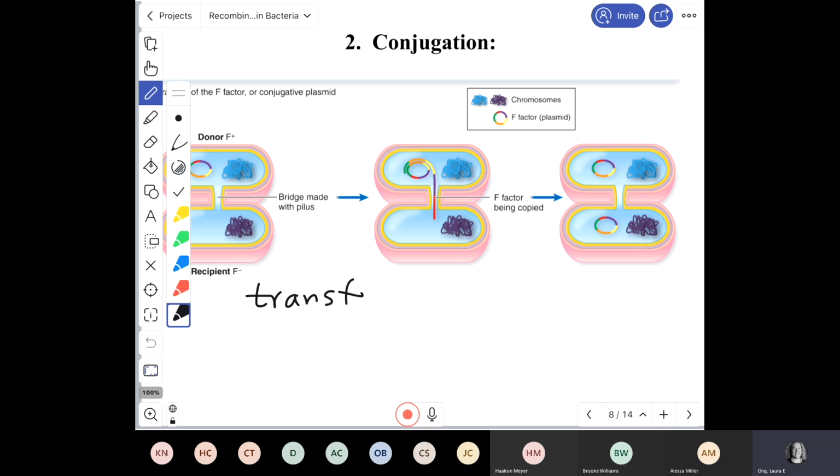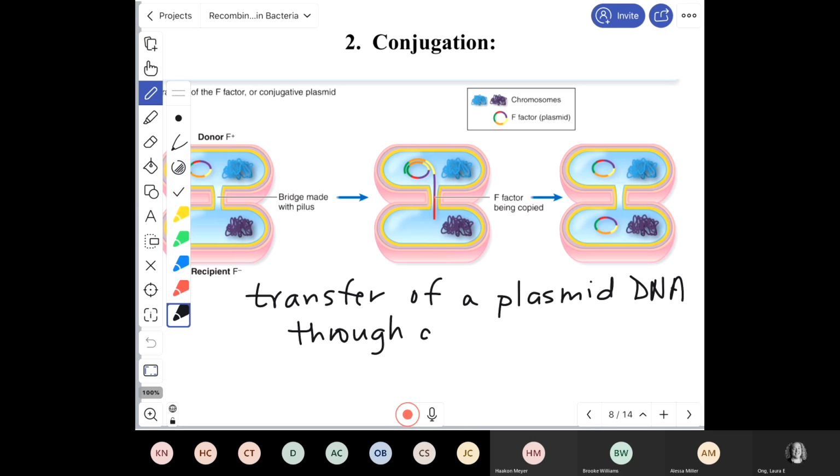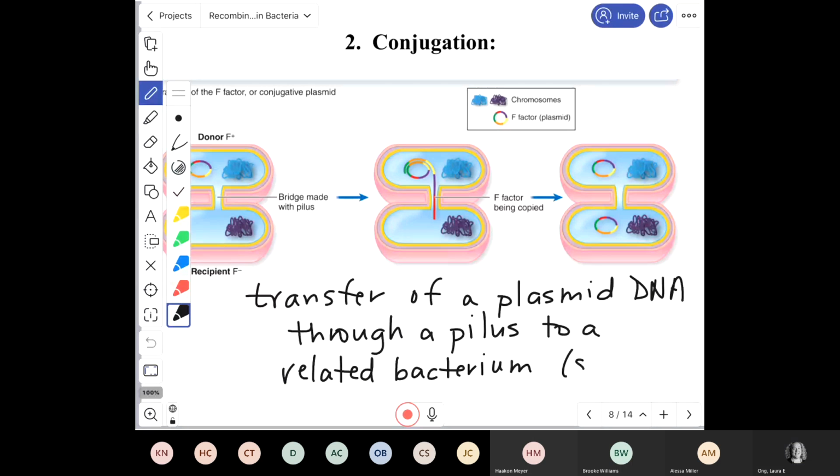So this allows transfer of plasmid DNA through a pilus to a related bacterium. And they basically have to be in the same genus to do this.